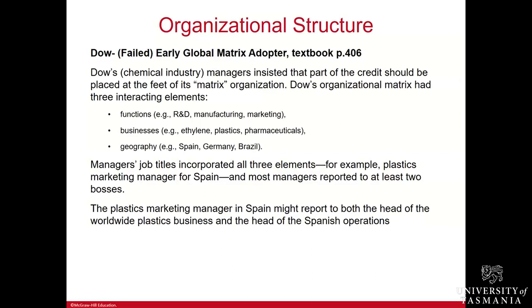That organization's matrix had three interacting elements: function, business, and geography. In the functions, they had R&D, research and development, manufacturing, marketing, all the functions. The business was divided by products like plastics and pharmaceuticals. And the geography was divided into Spain, Germany, Brazil, and so on.